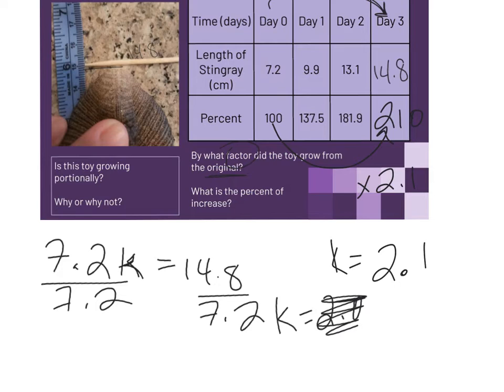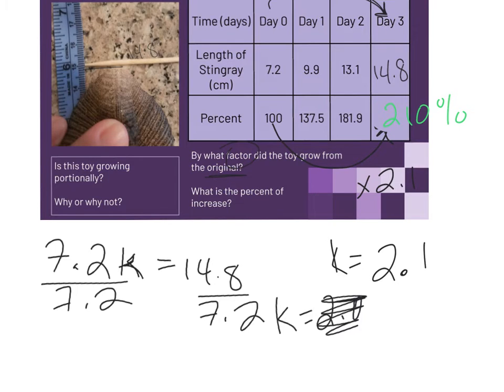After day 3, it is 210% of what it was. So that grew by a scale factor of about 2. It's like 2 times bigger.